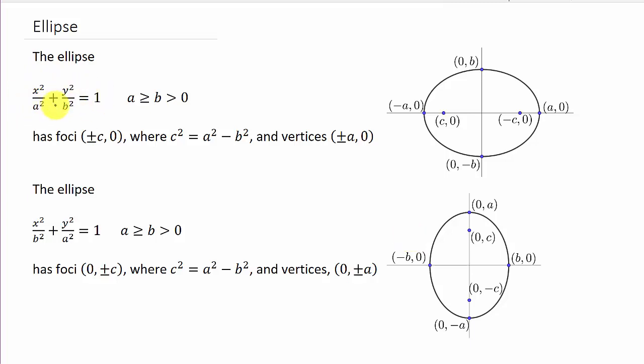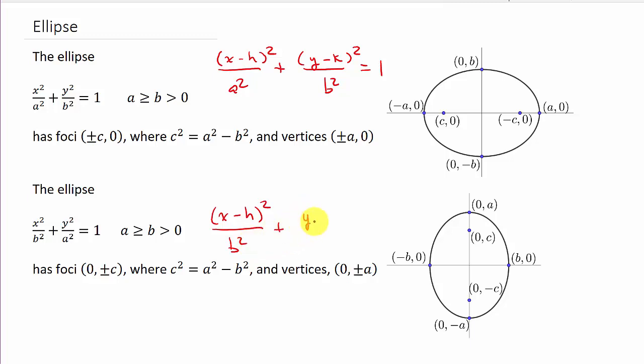Well, it would look similar to this, but the equation would be like this: x minus h squared over a squared plus y minus k squared over b squared equals 1. And for this one, it would be similar: x minus h squared over b squared plus y minus k squared over a squared equals 1.